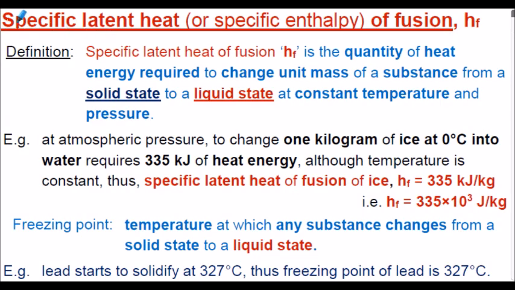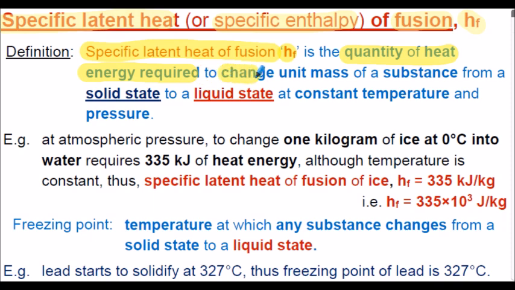Let's define the specific latent heat, or specific enthalpy, of fusion, usually denoted by the symbol H suffix F. So definition: the specific latent heat of fusion, HF, is the quantity of heat energy required to change unit mass of a substance from a solid state to a liquid state at constant pressure and temperature.